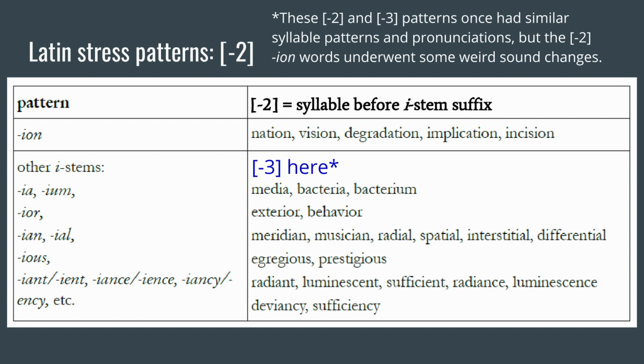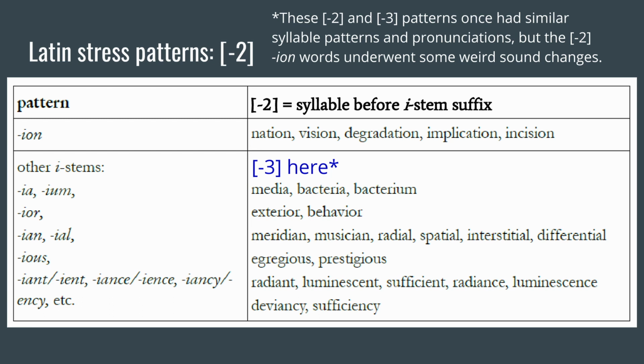This also works for other I stems. The IA in media, IUM, IA, bacterium, bacteria. It's on the syllable before the I stem suffix. IOR, exterior, behavior. IAN, IAL, meridian, musician, radial, spatial. IOUS, like egregious, prestigious.